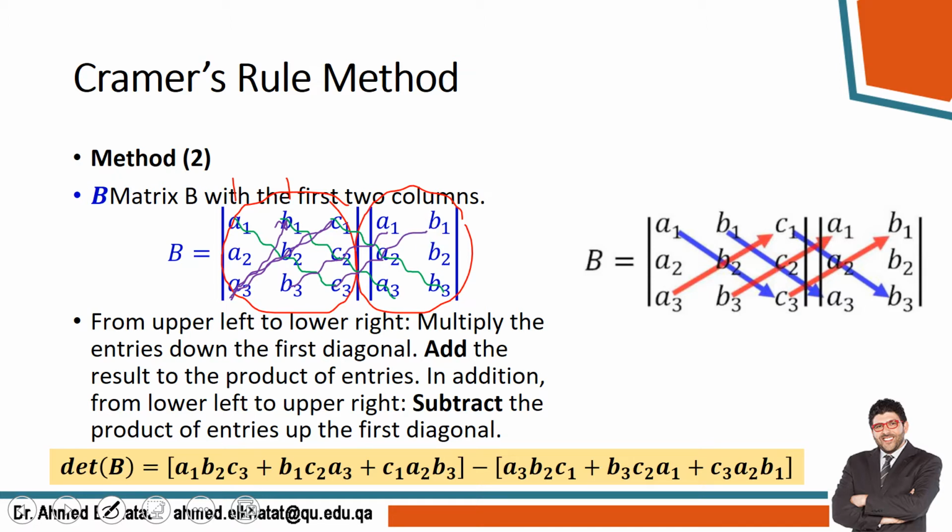This is the final shape, and this is the determinant. Both methods should give you the same result, so you can use whichever is convenient and faster for the calculation.